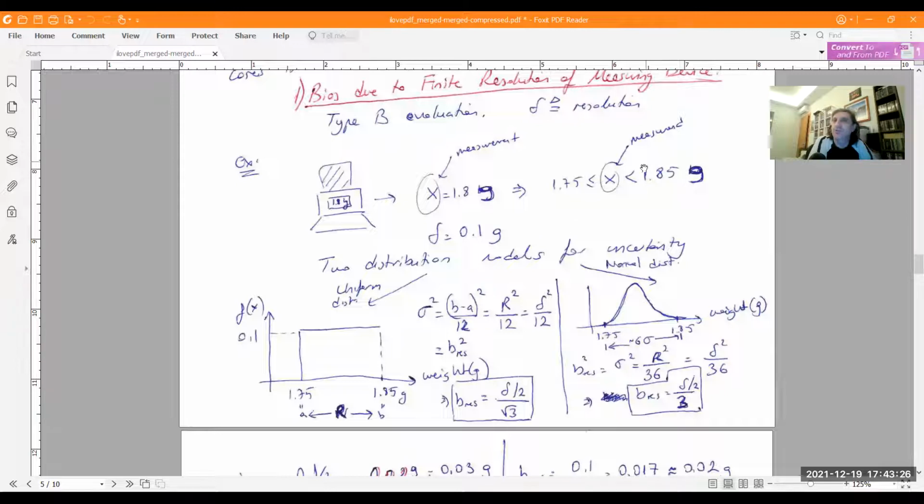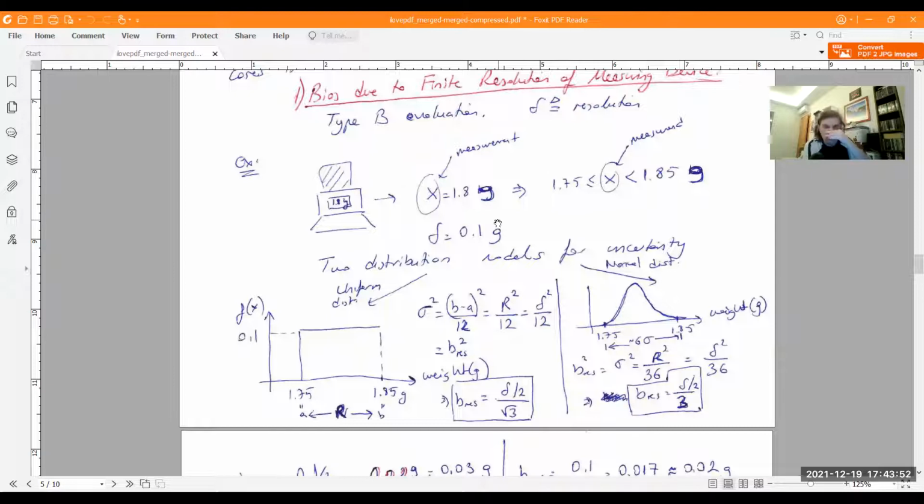Actually, it's not going to include 1.85, it's going to include 1.75, but this rounding off is a convention, no big deal. But anyway, think about it: even if this measurement is 1.76 grams, still it's going to be shown as 1.8 grams. So there is going to be a 0.1 gram of resolution here.